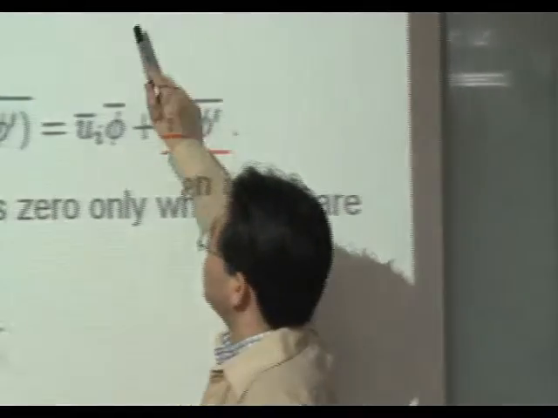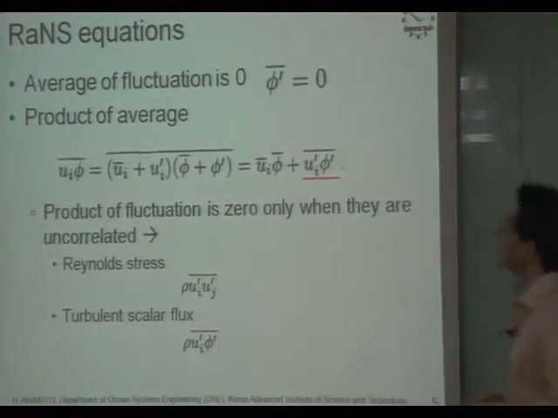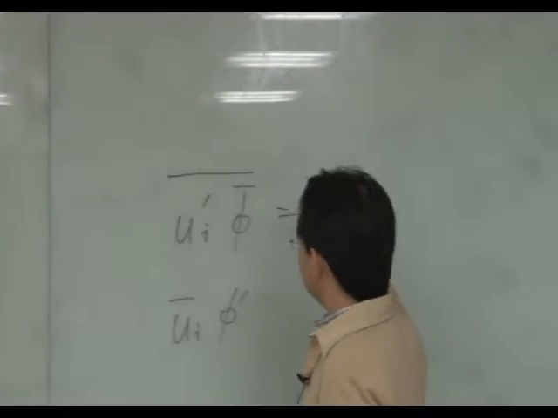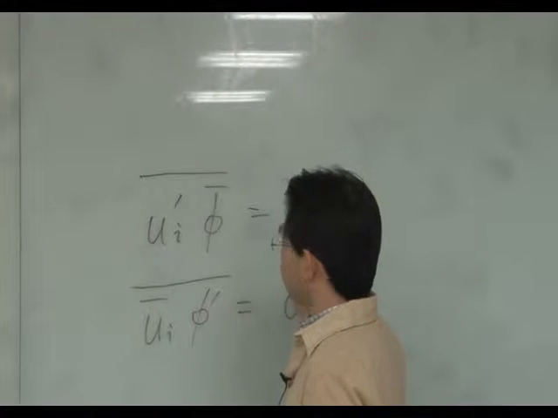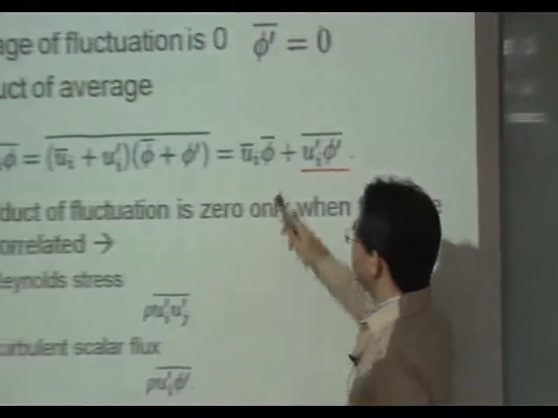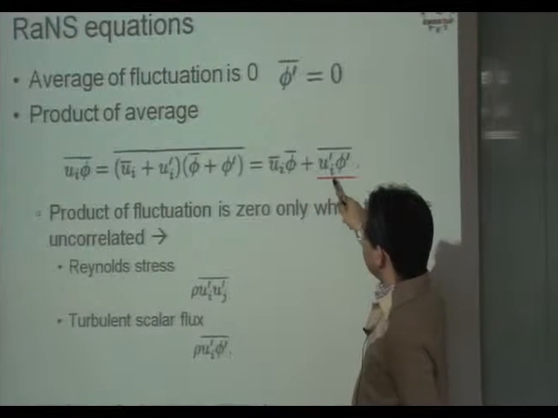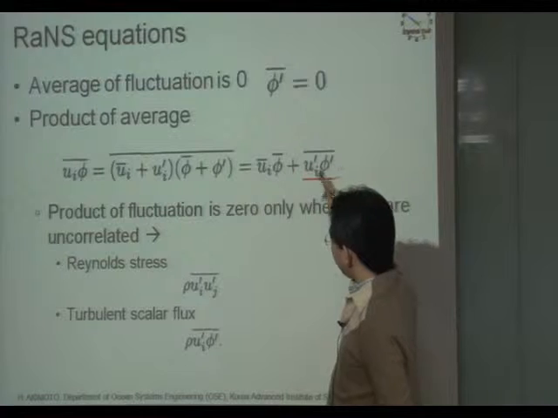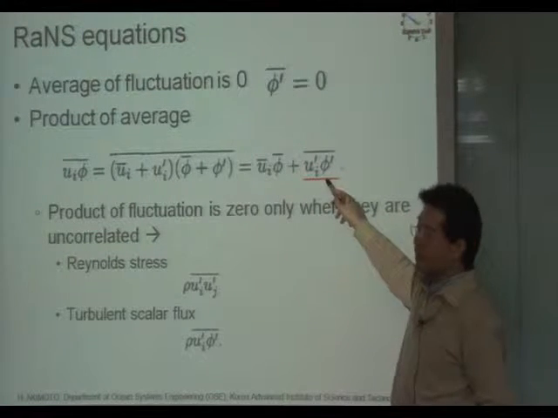In the definition of fluctuation, the average of the fluctuating part is equal to 0. So this one is 0, and also the averaging of this one is 0. So the remaining part is only the product of averaged components and the average of the product of fluctuating components.